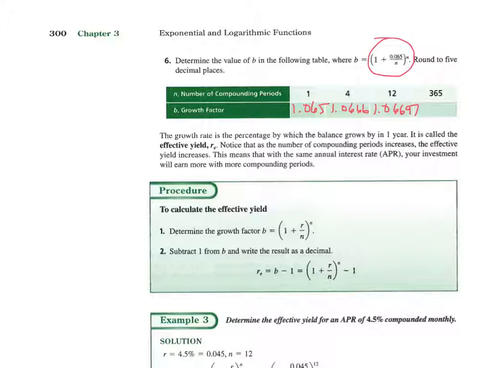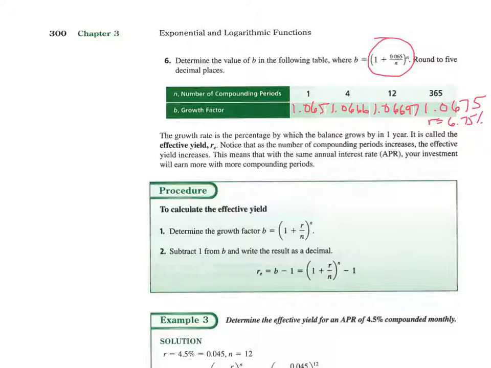So that means we're yielding 6.697% if it's done monthly. And then for daily we're going to get 1.06715. So r for that one is 6.75%. That's our gain if it's done daily.